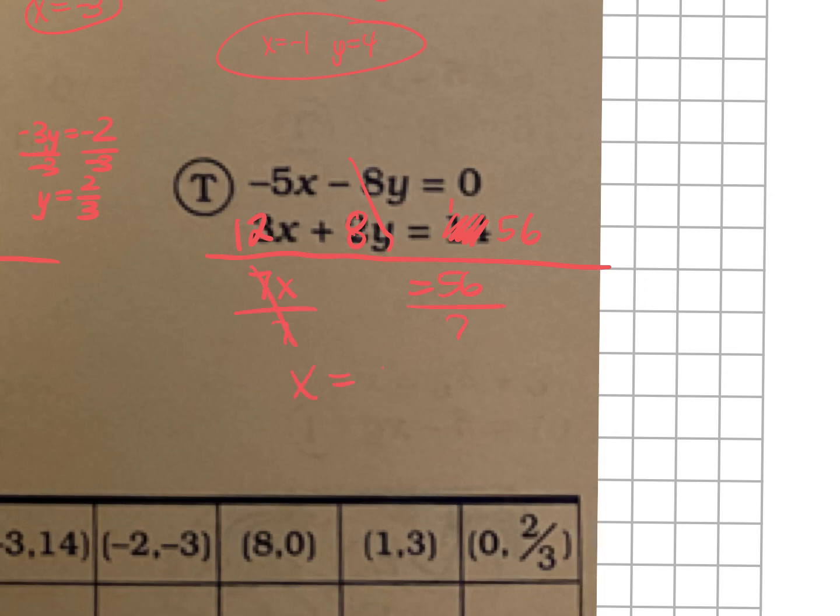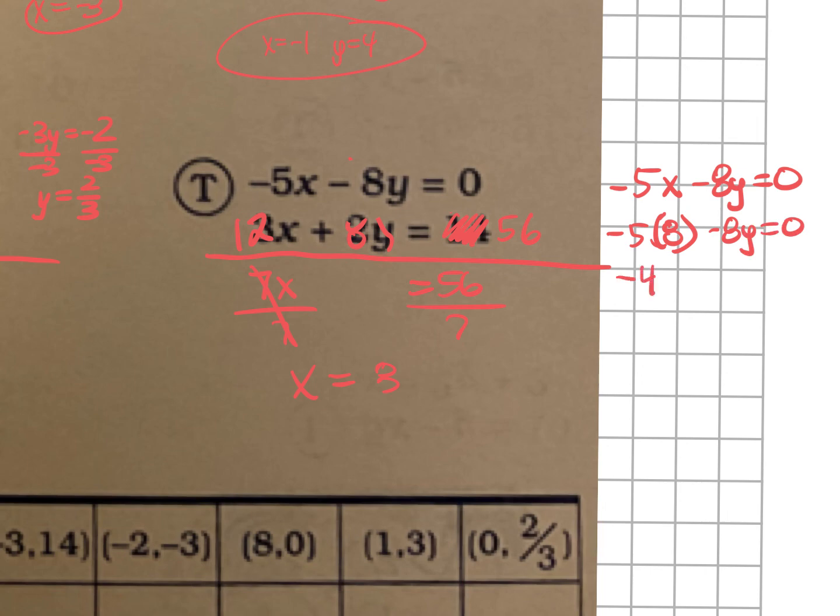X equals 8. Okay, we know x equals 8, so this is going to be kind of ugly. We know negative 5x minus 8y equals 0. Negative 5 times x, which was 8, minus 8y equals 0.